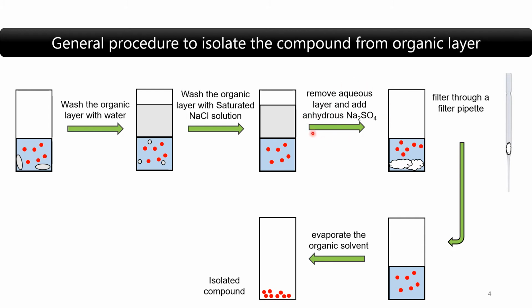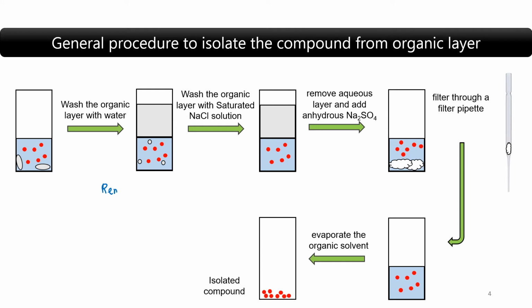So if we add some of the solid and mix it with this organic layer and let it sit for a while, any more traces of water left in the organic layer will be absorbed by this salt. So all of these steps that I mentioned here were involved in removing water from the organic layer.